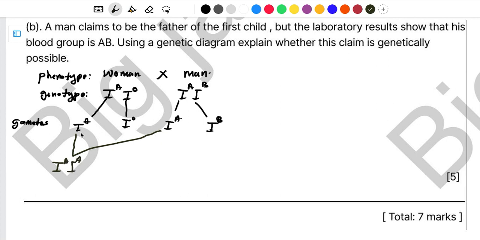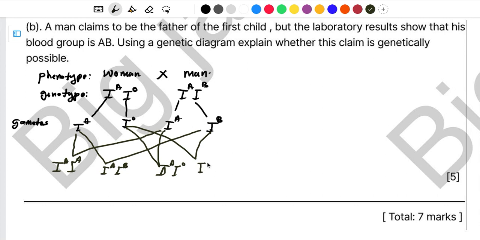Then also this one is going to be crossed with this one, and I'm going to have a child who is having blood group AB. Then this one is going to be crossed with this one, and I'm going to have a child who is having blood group A, heterozygous dominant. Then lastly, this one with this one, blood group B, heterozygous dominant.